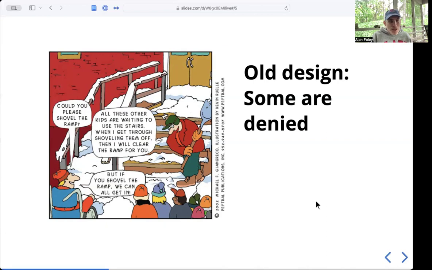A favorite example of mine is something I've seen in many places. Most recently, I saw it at the faculty commons in the Bird Library on the 5th floor, where there's a push button to operate the power door. And the push button has been placed appropriately. I'm sure it's meeting ADA requirements as far as its placement. Somebody can push it and have the door, which is kind of heavy, swing open.